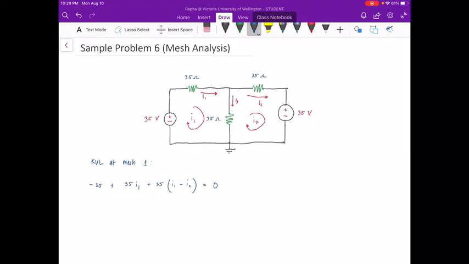To simplify this equation further, we have negative 35 plus 35 I1 plus 35 I1 minus 35 I2 is equal to 0, or 70 I1 minus 35 I2 is equal to 35.